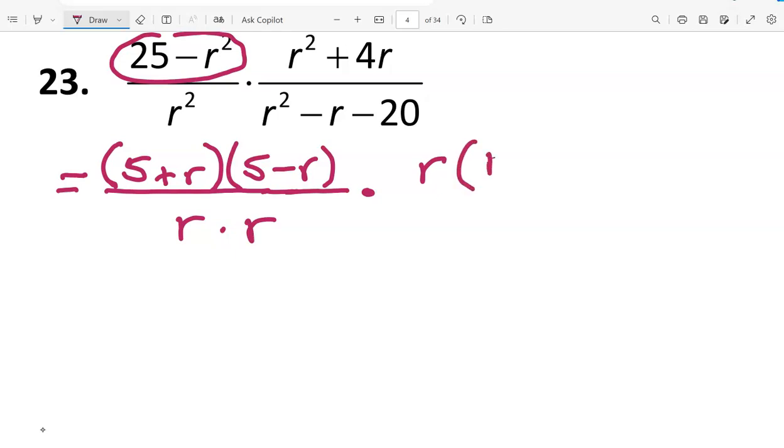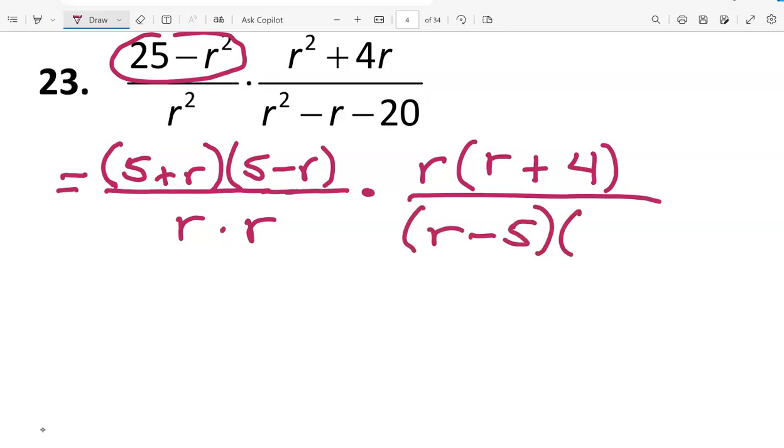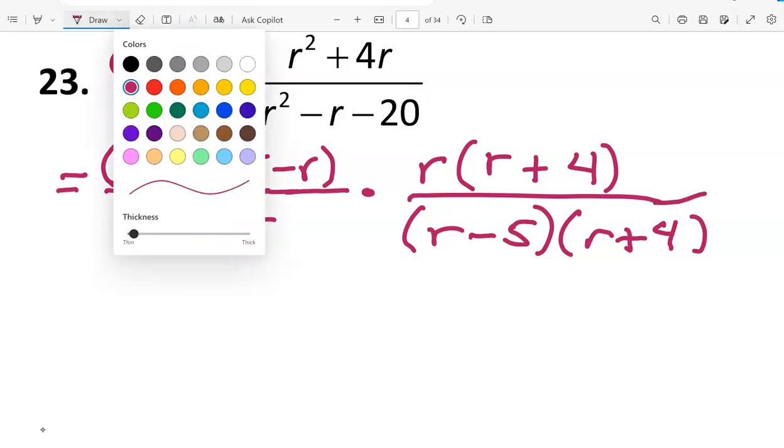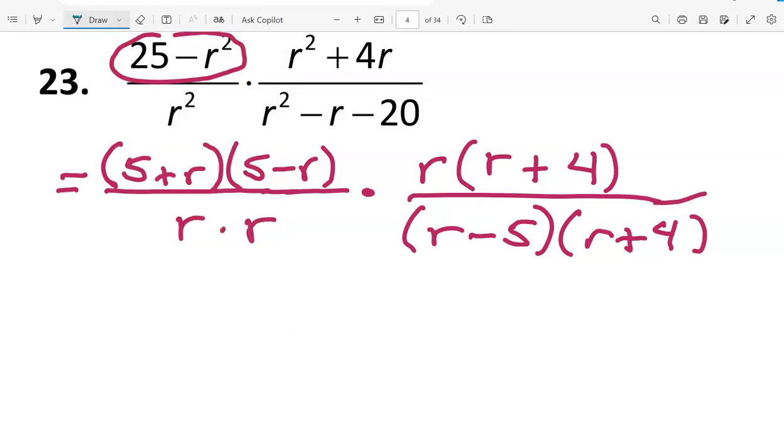In the numerator of the second fraction, r times r plus 4, and in the denominator, r minus 5 times r plus 4. Now we can cancel or divide out any factors that are common to a numerator and denominator. So factors of r, factors of r plus 4.